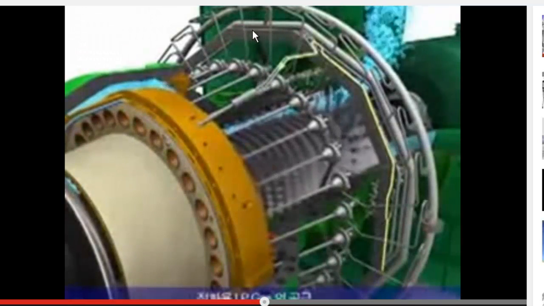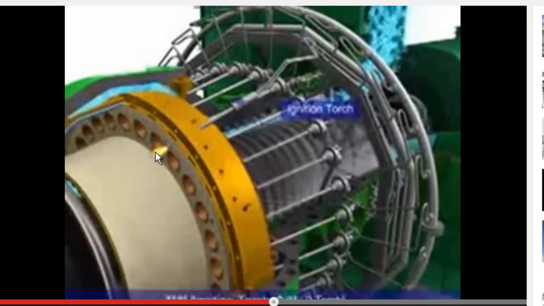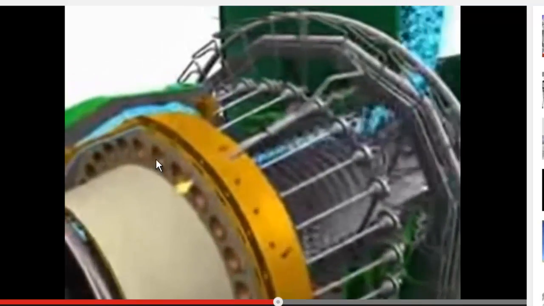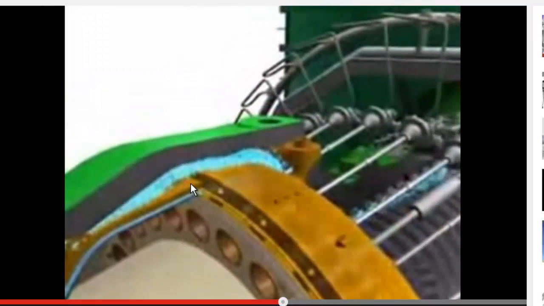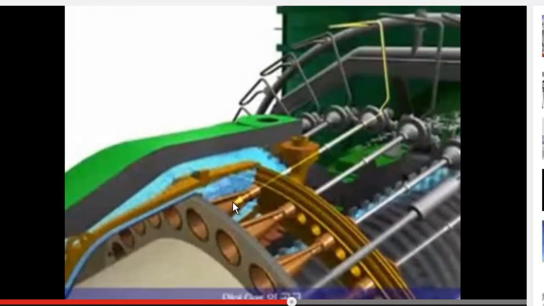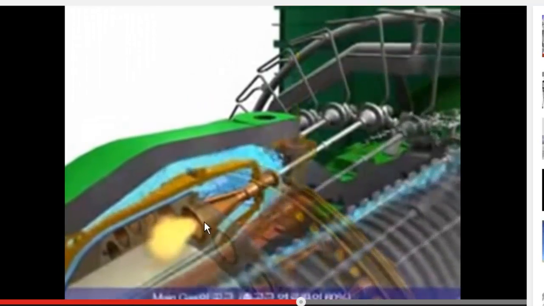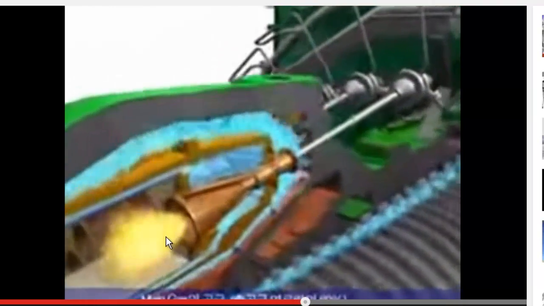So this is how we have it, and we are injecting the fuel here, as you can see, these lines. So once we inject it in the center, and remember that we have this swirl of air inside, we're going to have a very good mixture.